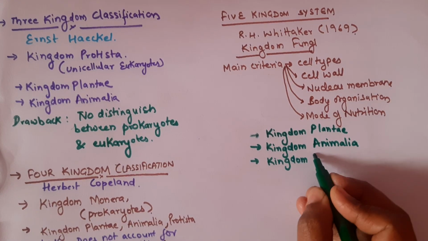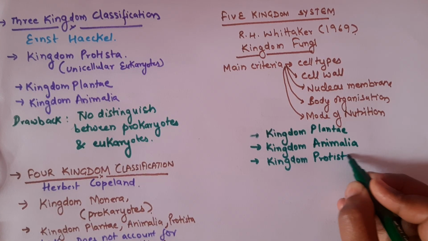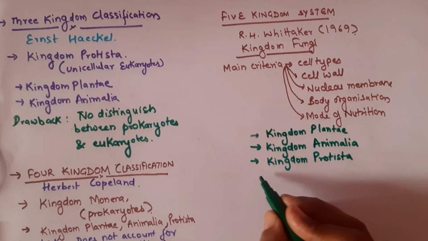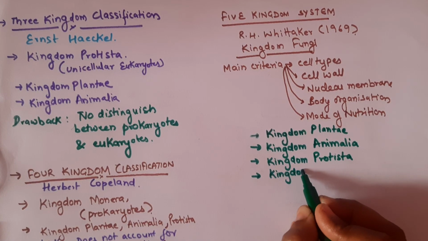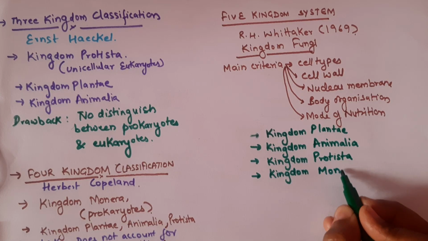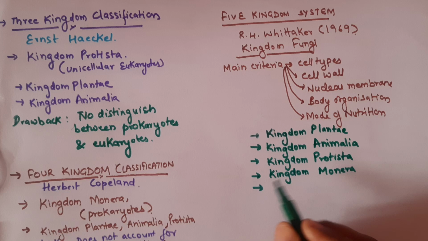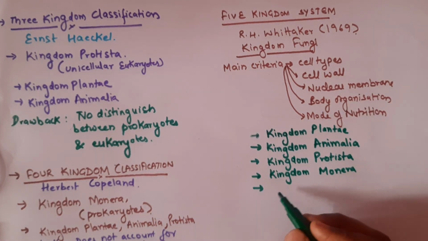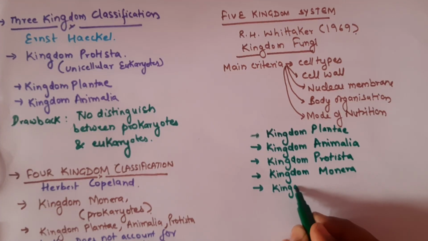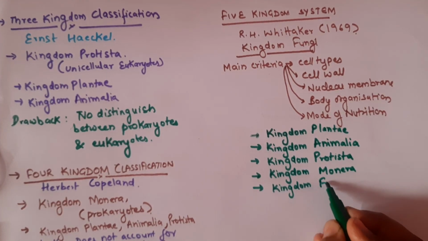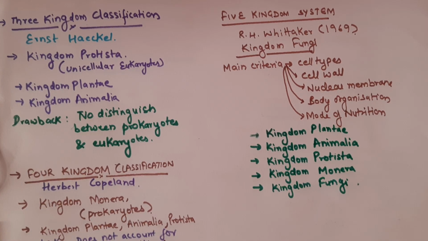This Protista kingdom includes the unicellular eukaryotes and was suggested by Ernst Haeckel. The fourth kingdom was kingdom Monera, which was suggested by Herbert Copeland. And it includes prokaryotes. And the fifth, suggested by R.H. Whittaker, is the kingdom Fungi. So these are the five kingdoms.